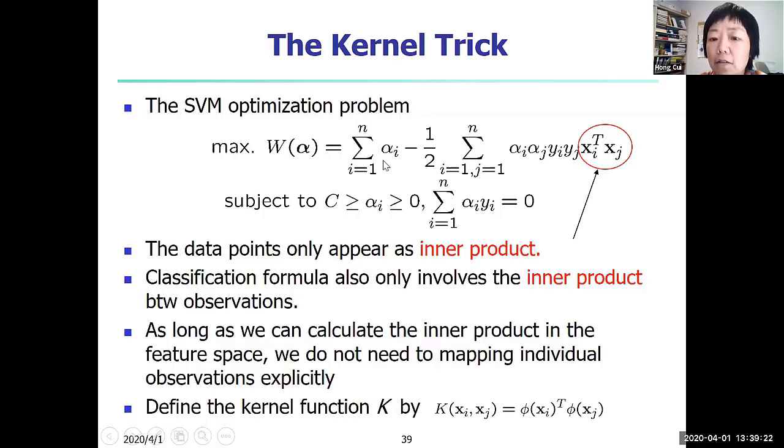We're finding alphas that can give us the best decision hyperplane in the feature space. So that's the idea. When we need to classify a new example, again, we apply this transformation directly by using the kernel function.